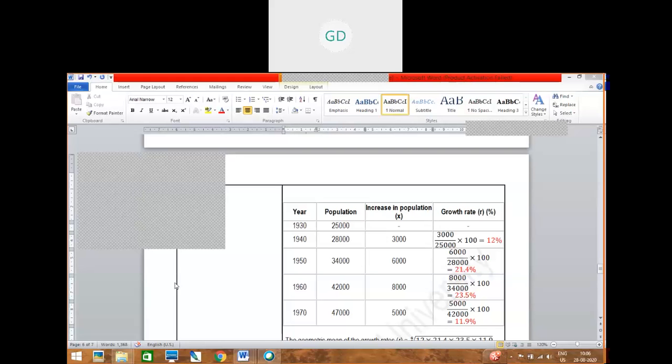Okay, we were calculating. You just calculate and see whether you are getting these red values: 21.4, 23.5, 11.9. Yes, ma'am, getting.